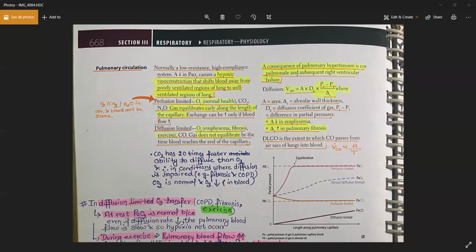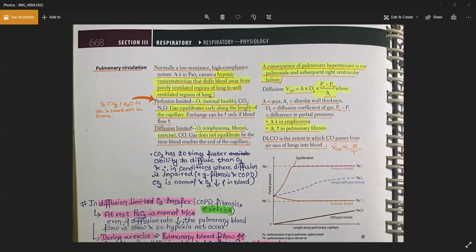Now, in a scenario where you get emphysema or any interstitial lung disease that is causing fibrosis in your lungs, these gases now become diffusion limited, and perfusion is not the problem now. These gases now will take time to diffuse from alveoli to the blood. So if you increase the blood flow, less time will be given to these gases for diffusion.